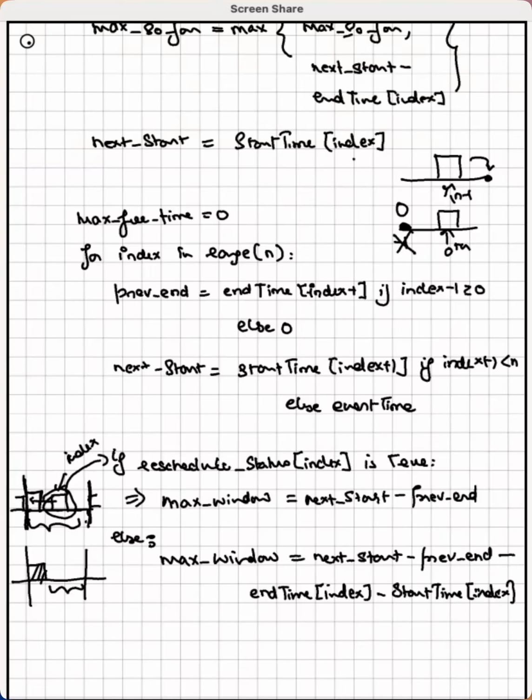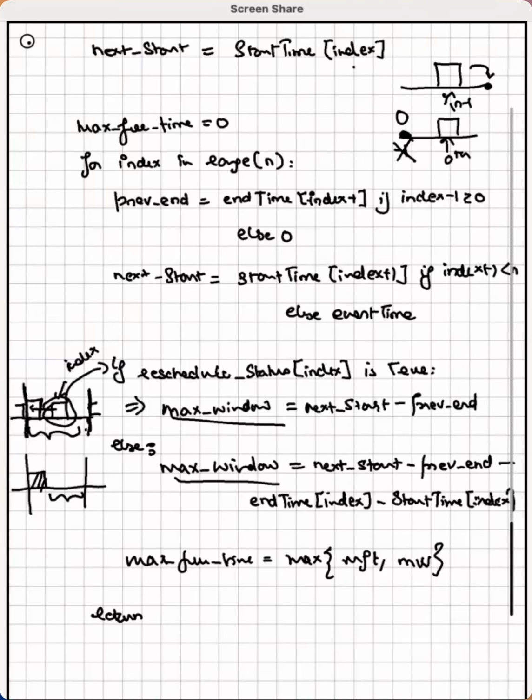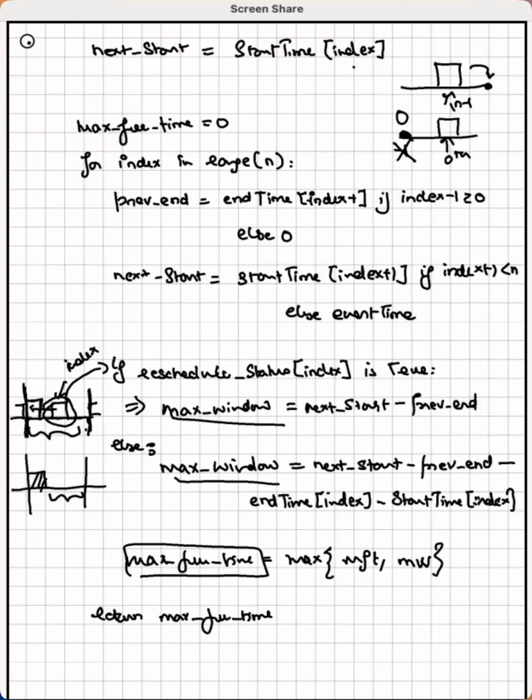Once you have this, then you just say max free time is equal to max of max free time comma this one, which is max window. That is it. And so finally you can return this variable, which is max free time.